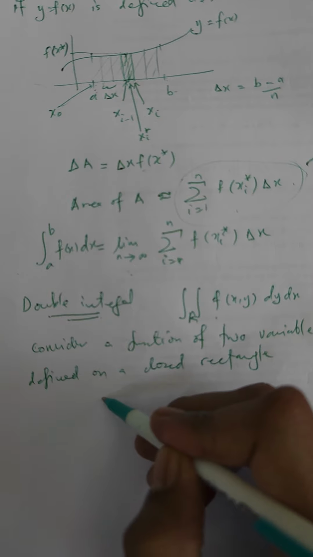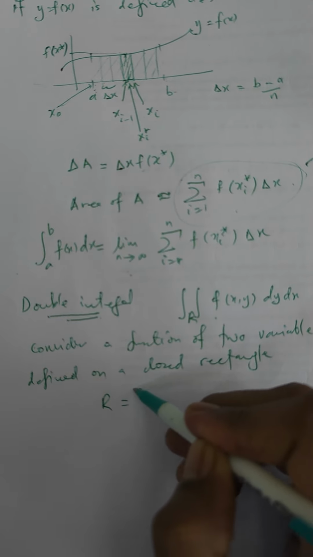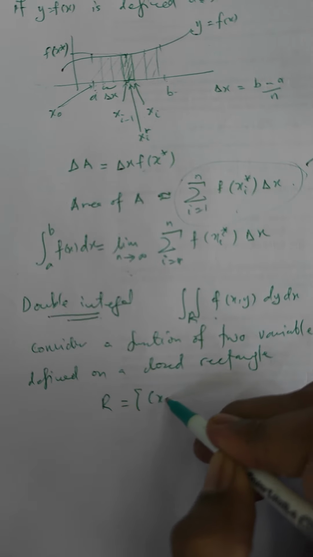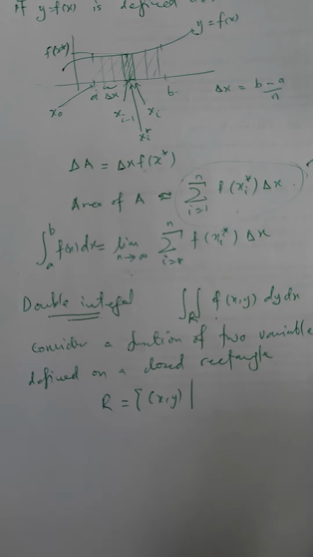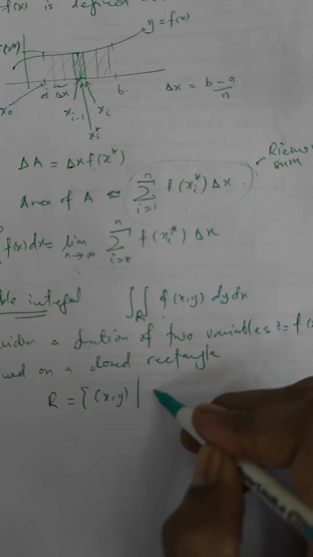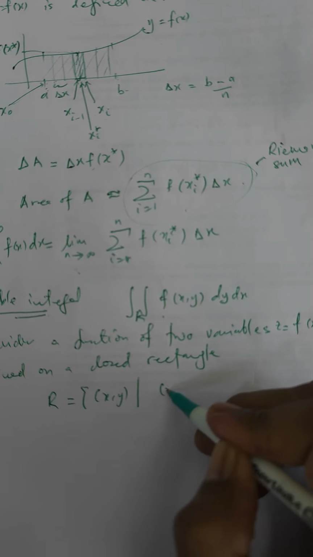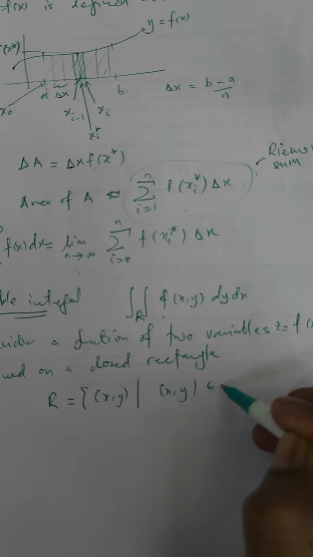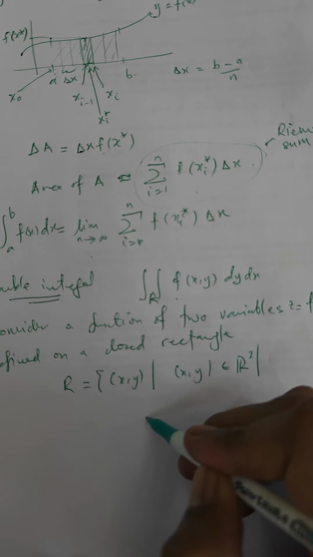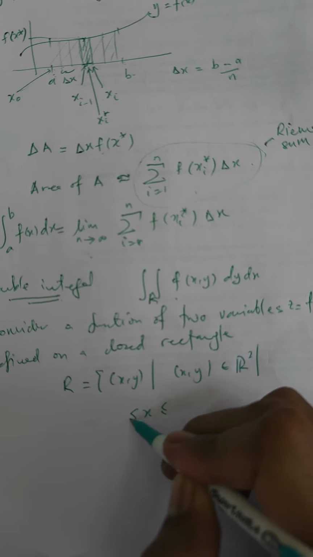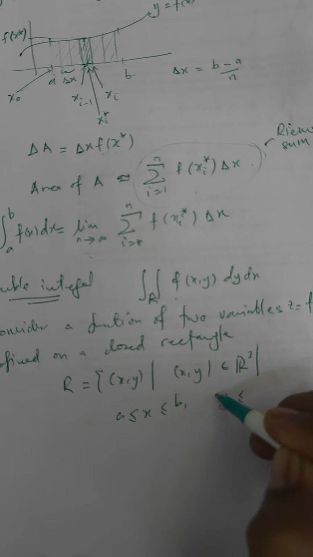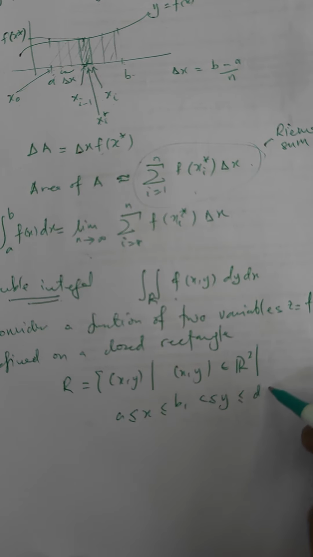So basically our R is defined as the region of all points (x,y) in R², where x is between a and b and y is between c and d.